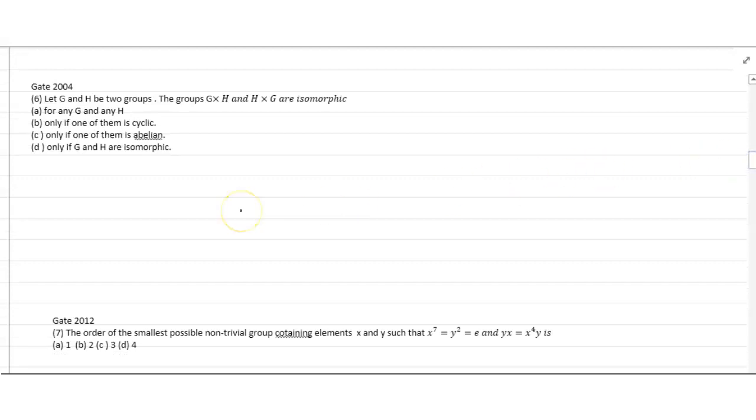Next problem, friends, GATE 2004. Let G and H be two groups. The groups G cross H and H cross G are isomorphic.